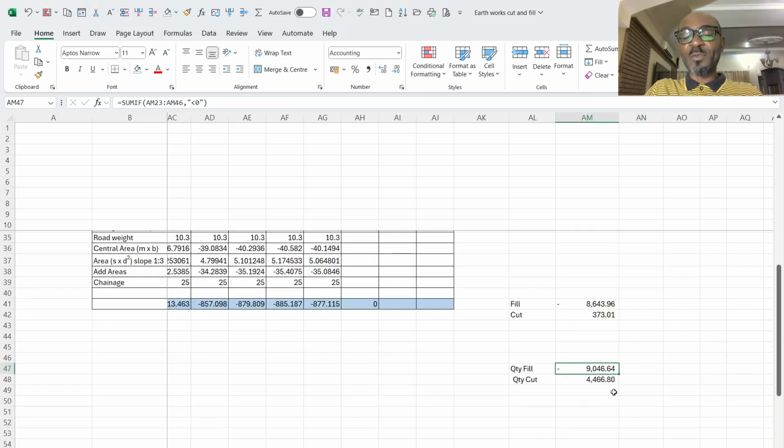So what I am going to be filling is 9,046.64 cubic meters of soil, where areas I'm going to cut is just 466.8 cubic meters. So this quantity is what I'm transferring to my bill, then apply my rates. Immediately I am done and dusted.